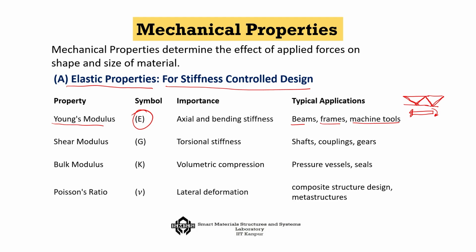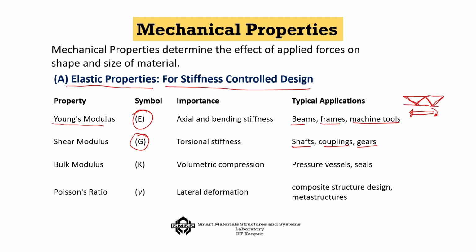Now, I also said that there are other applications, for example, shafts, couplings we just discussed, or gears, in which case the loading is predominantly torsional in nature. So, for such a case the torsional stiffness becomes important, and for that the shear modulus plays a more important role than the Young's modulus.